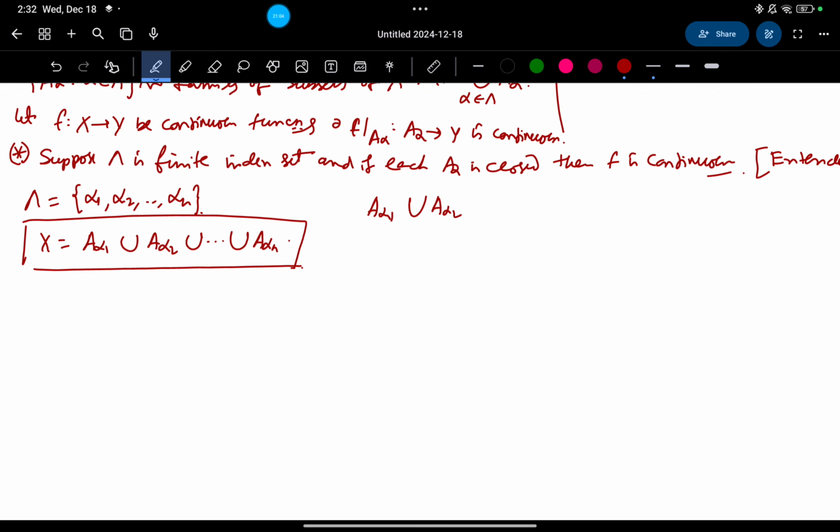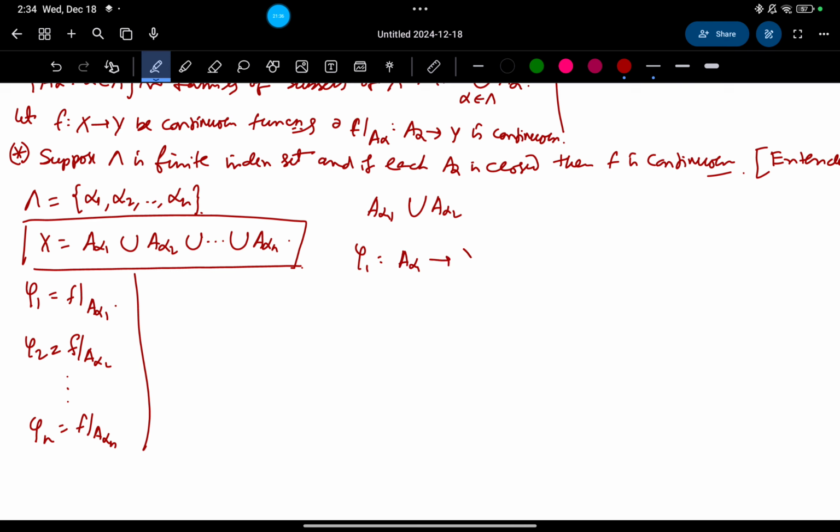So let us define phi 1 to be f restricted to A alpha 1, and phi 2 equals f restricted to A alpha 2, and so on up to phi n equals f restricted to A alpha n. These are the notations we have defined. So phi 1 is defined from A alpha 1 to Y, and phi 2 is defined from A alpha 2 to Y.